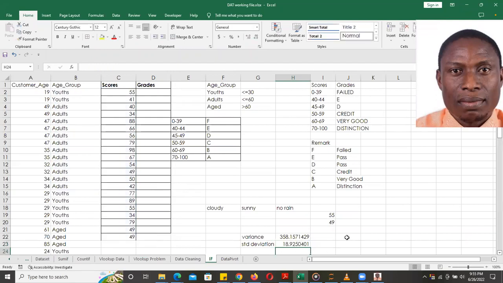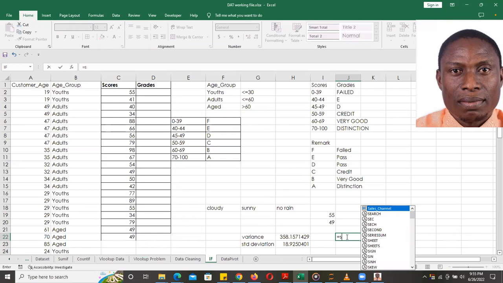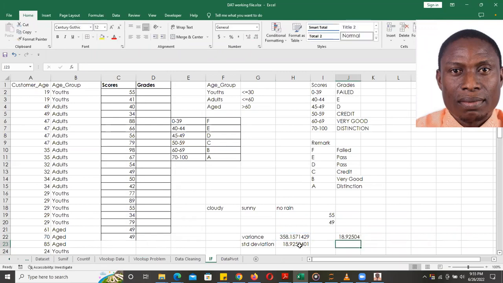Now if you look at this, let's just find the square root of it. Do we have anything like square roots? Yes, this is square root. You can see that it's the same thing.